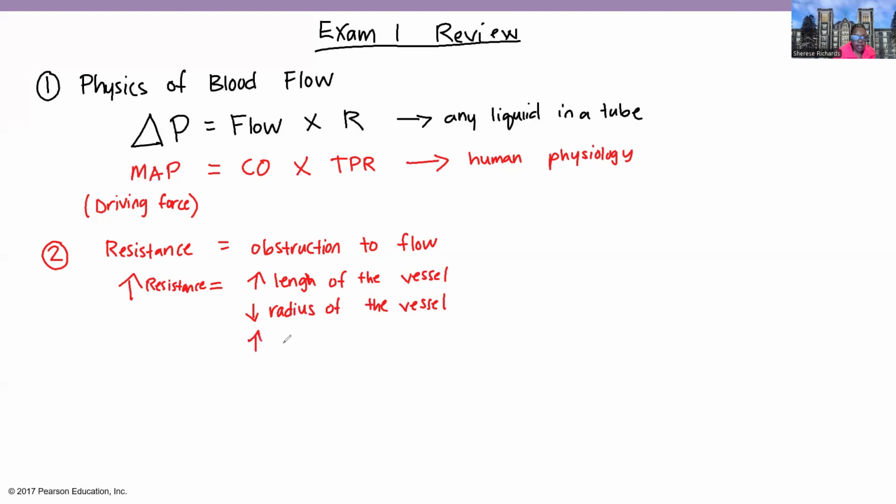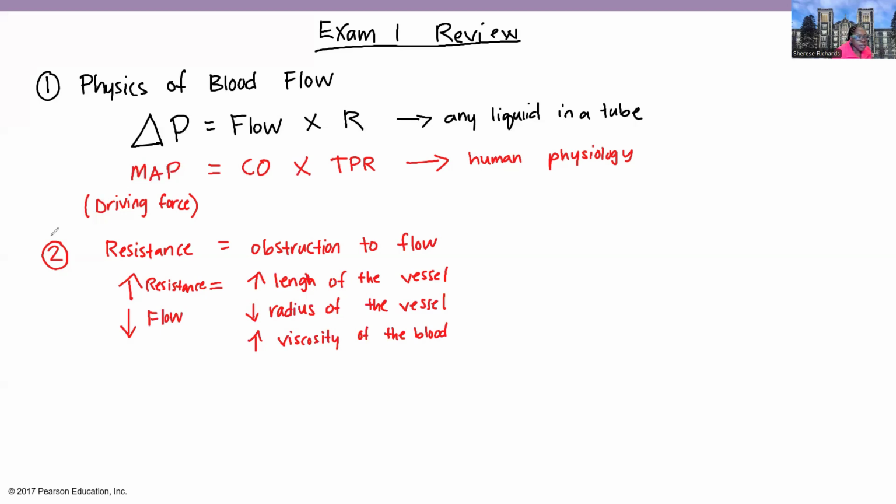So increased viscosity of the blood would also increase your resistance, okay? Now, another thing that we can equate this to is flow. So as resistance goes up, flow goes down, and all of these things are going to be true as well. So increased resistance, decreased flow happens with all three of these factors.